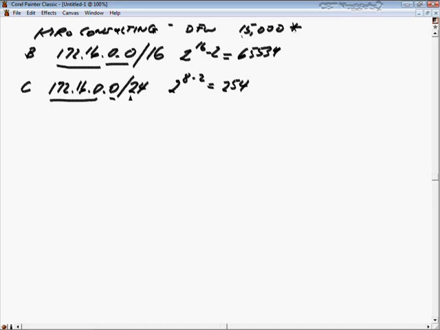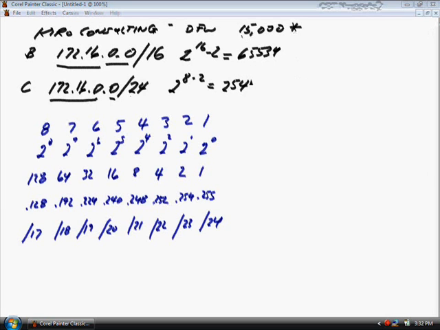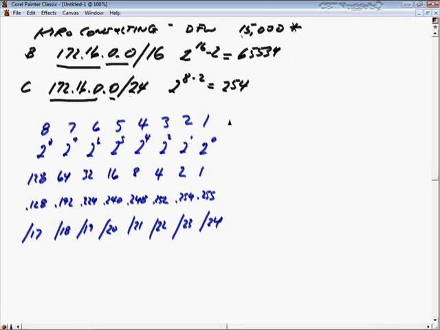So if we look at this, I'm going to draw out a chart right now that's going to help us come up with this decision. This is probably something you're going to want to write out when you take your exam. This is the number of bits. So again, we have 8 bits from the high order bit to the low order bit.